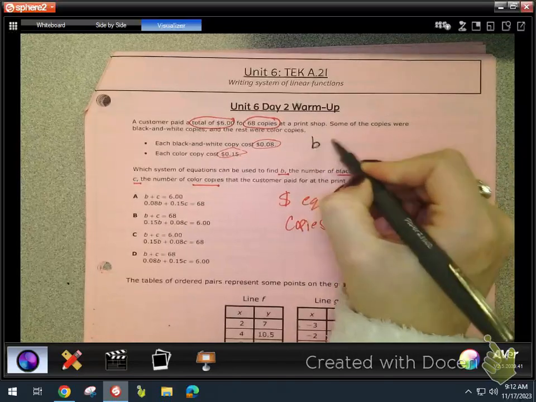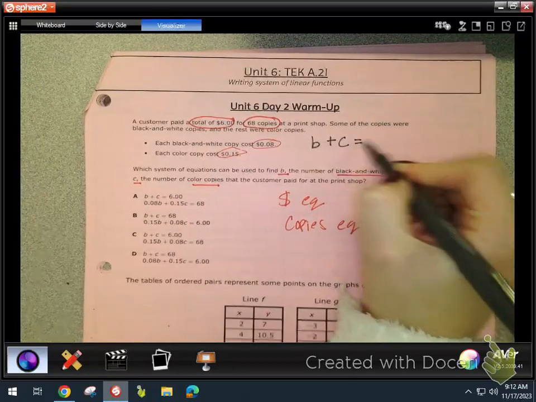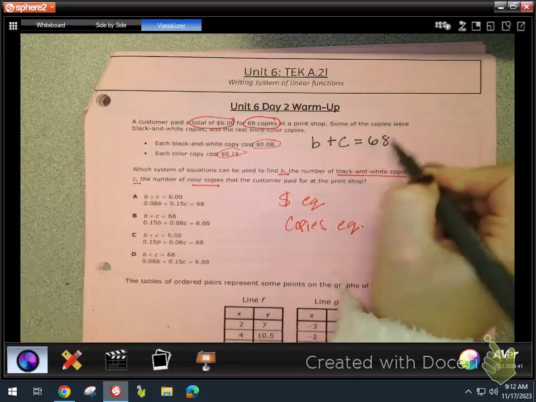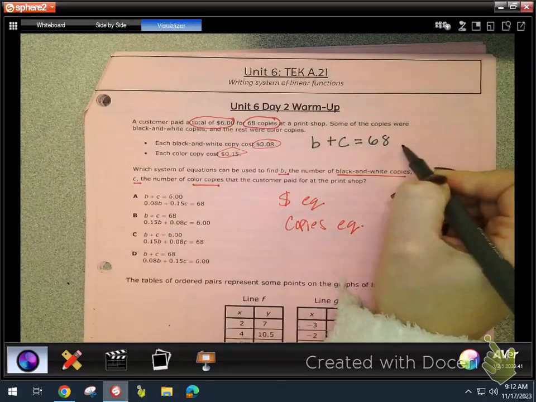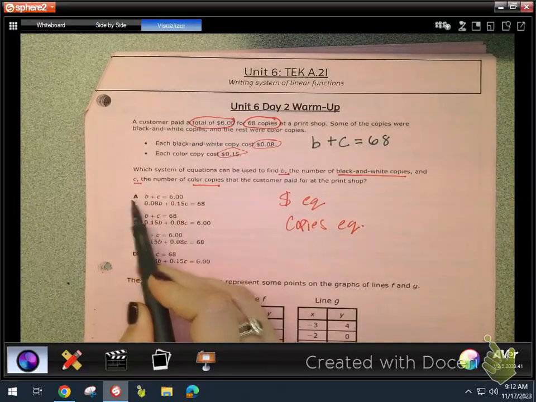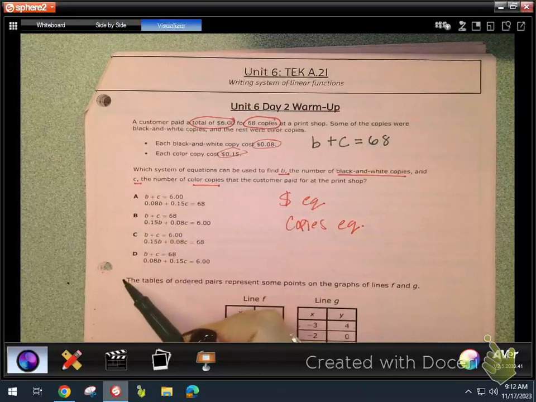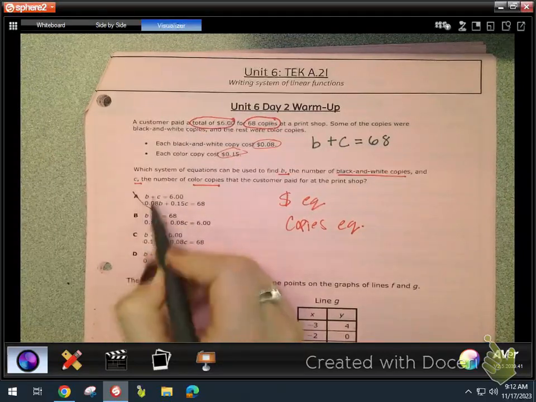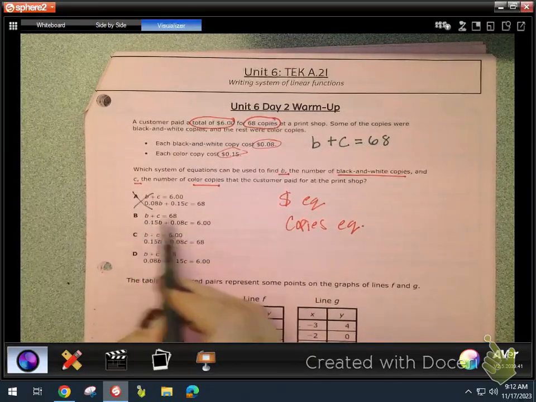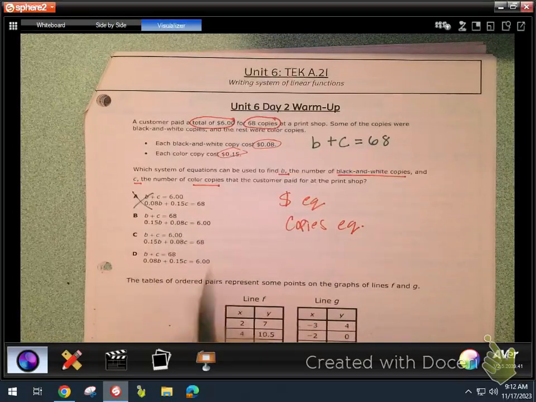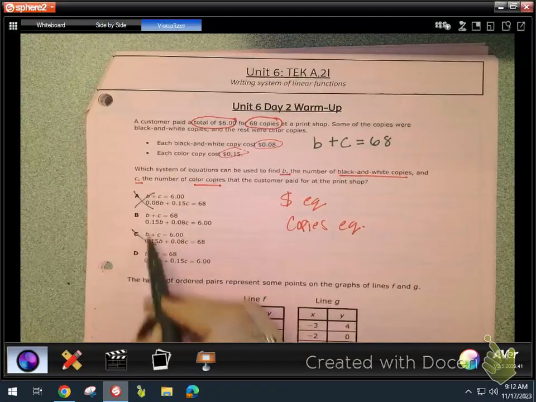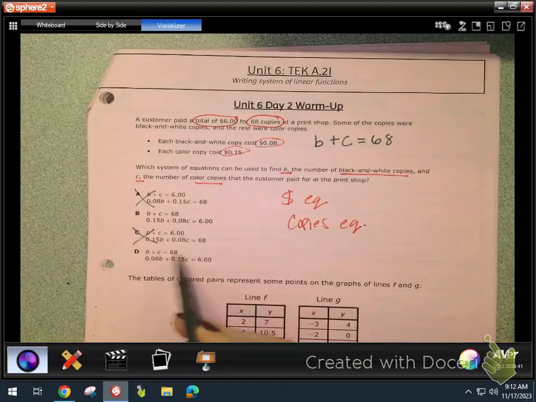So black and white copies plus colored copies has to equal 68 copies. Copies, copies, copies. Okay, if you look at A, B plus C equals $6. Does that make sense? No. Mark it out. B plus C equals 68, possible. C, B plus C equals $6, bye-bye. And D, B plus C equals 68. So we're 50-50 now. It's B.